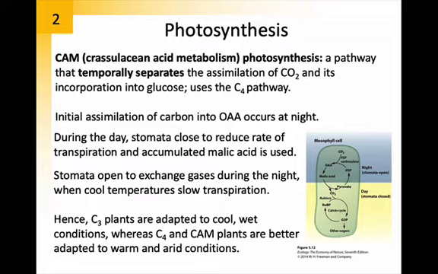So CAM metabolism produces even less net energy than C4 metabolism, but in really dry deserts, for broad-leaved plants that might otherwise not be able to survive, it is a very effective adaptation for conserving water. So the upshot is you find C3 plants in relatively cool and wet conditions. C4 plants and CAM plants are found in hotter and drier conditions because they're more effective at conserving water.